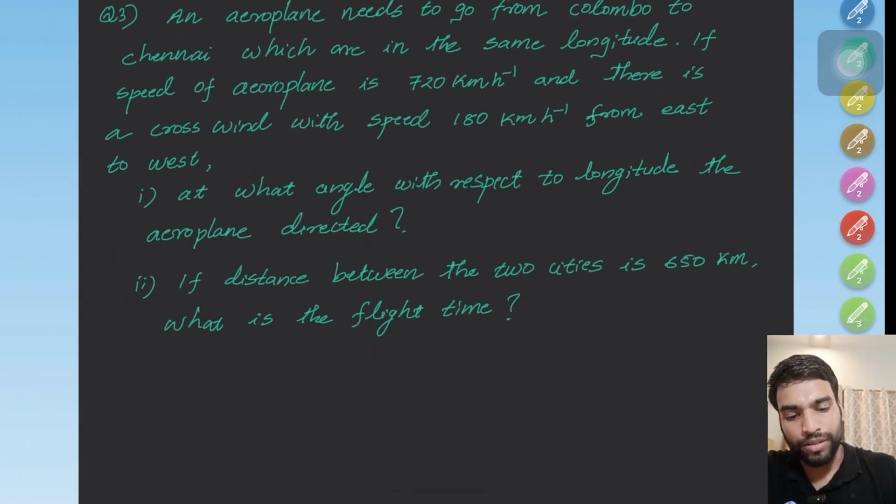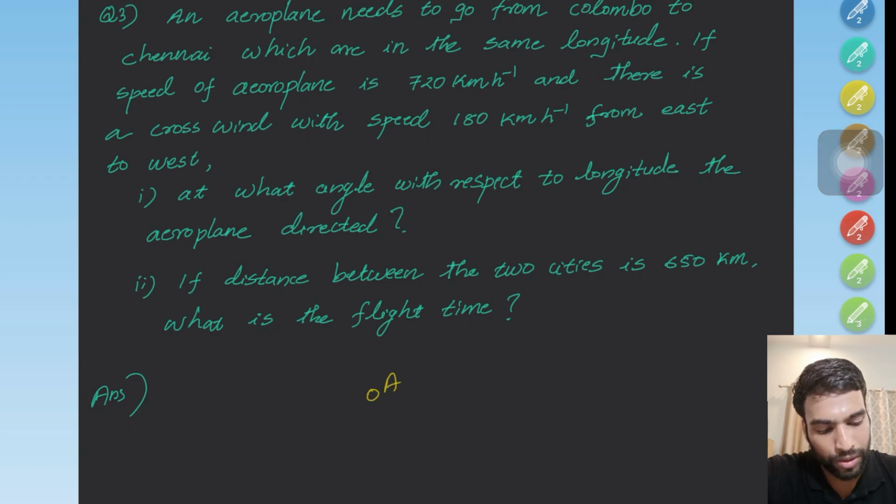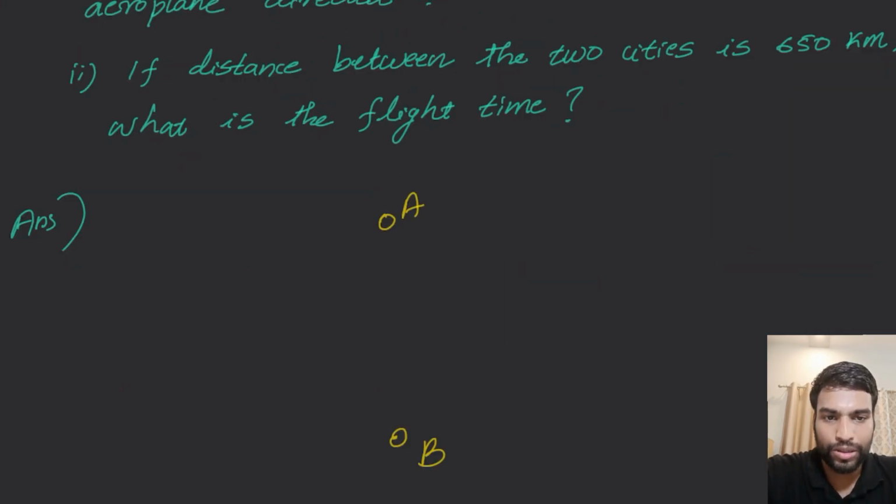So let's answer it. Of course we have to answer by drawing a diagram, right? Same longitude means they fall on the vertical line. All good. So basically, the velocity of the aeroplane with respect to wind and the wind velocity together must give you the resultant velocity, right?